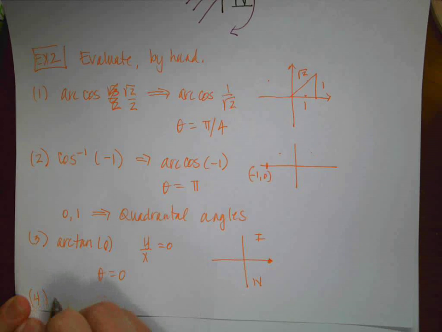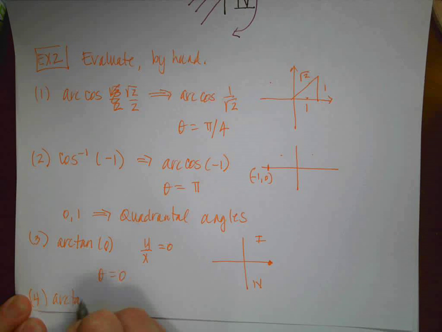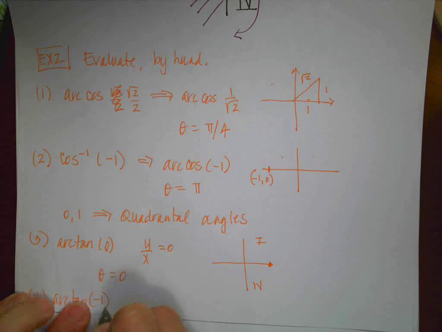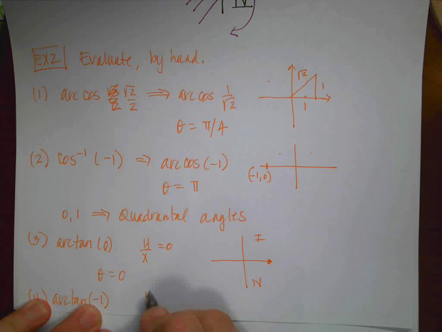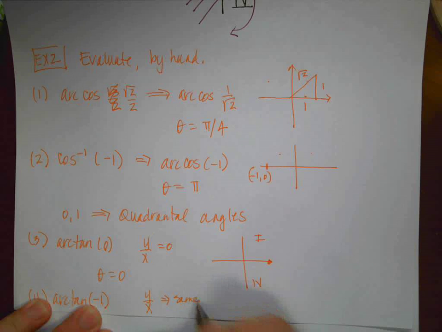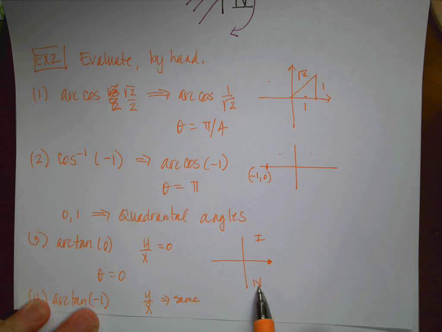And then the last one of these is the arc tangent of a -1. Tangent is 1 in magnitude when the y value and the x value are the same. That only happens in multiples of pi over 4.